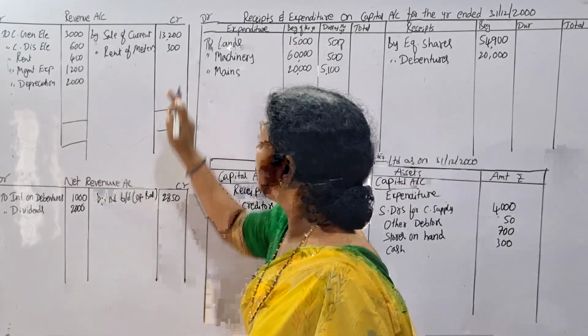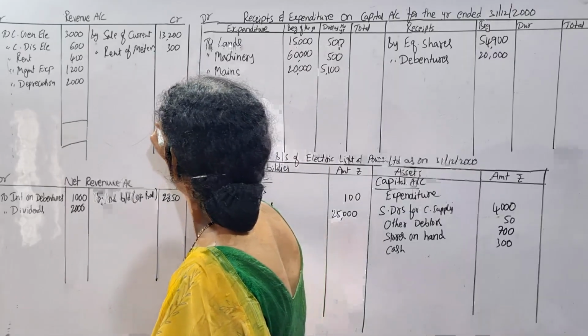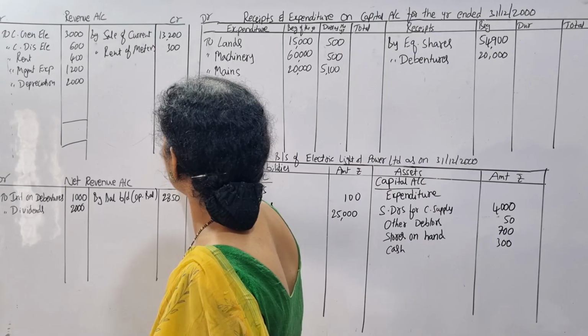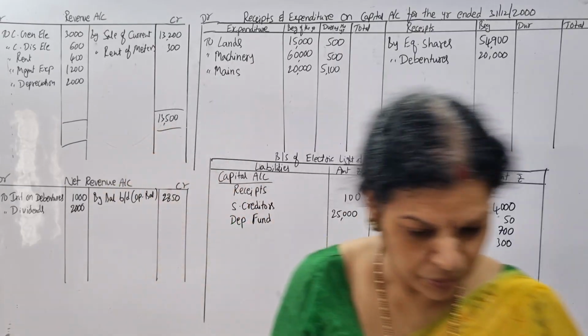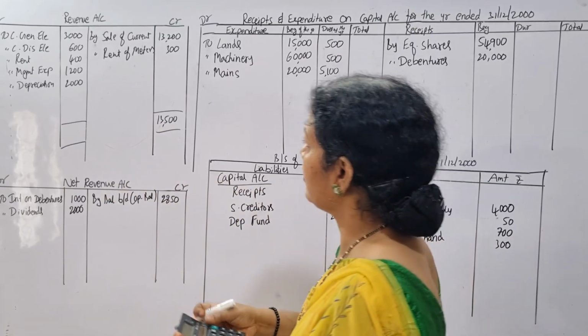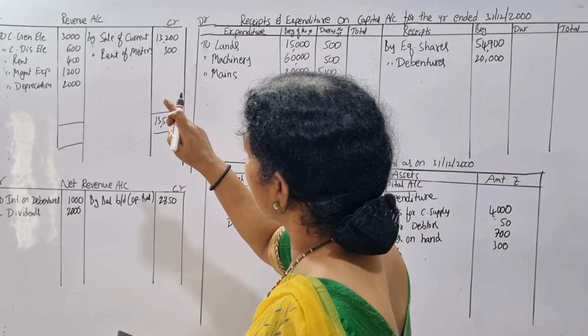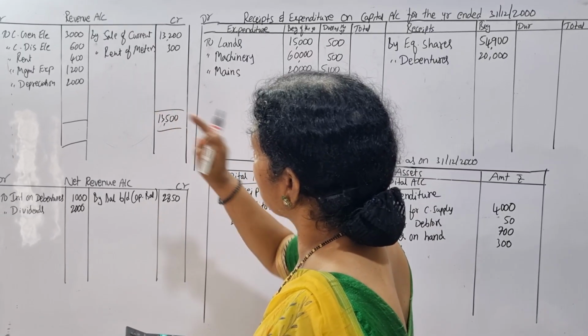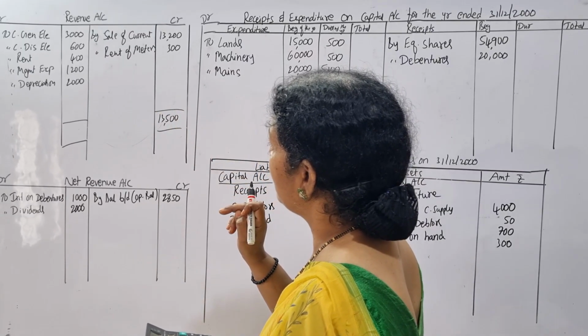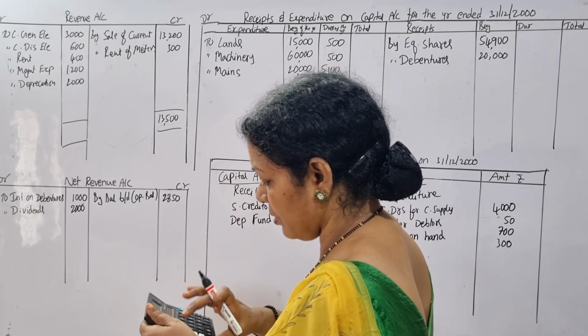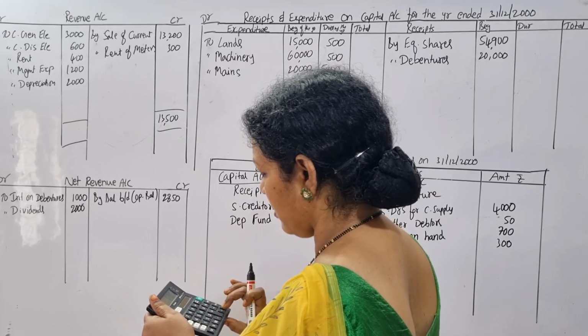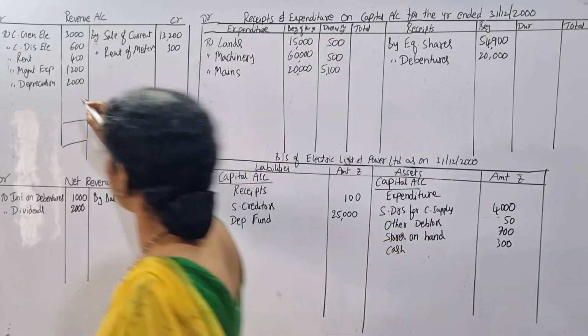Revenue account, the credit side is more, 13,500 it is. 13,500 minus all these amounts. 13,500 minus 3,000, 4,000, 5,200, 7,200. 6,300 we are getting here.